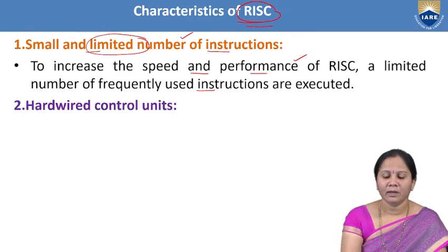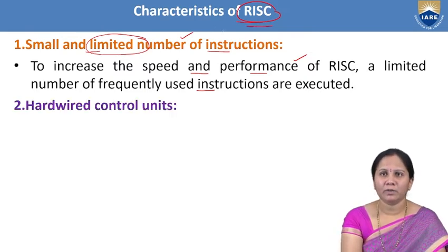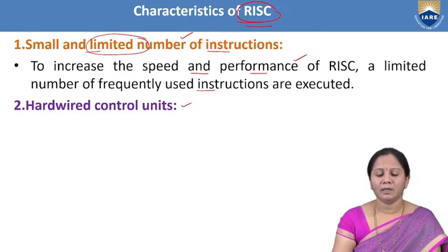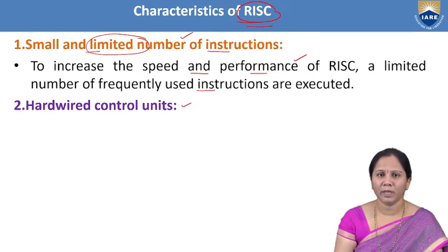Another characteristic of RISC architecture is that RISC processors use hardwired control units. We have just seen the architecture of the RISC processor, and the important unit we observed there is the hardwired control unit. It is the main unit that accesses the instruction cache and data path.